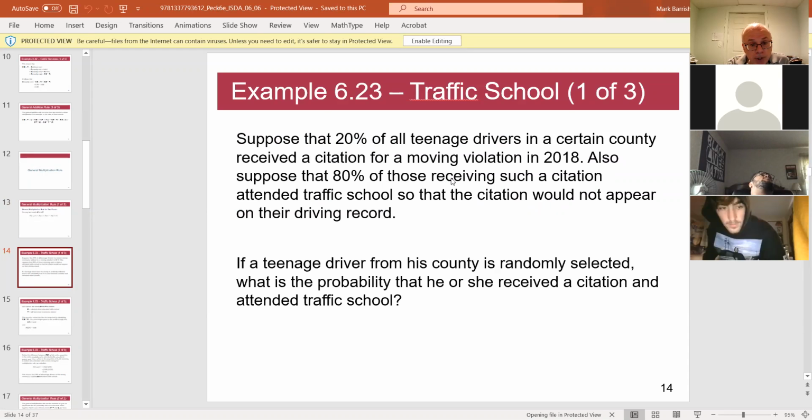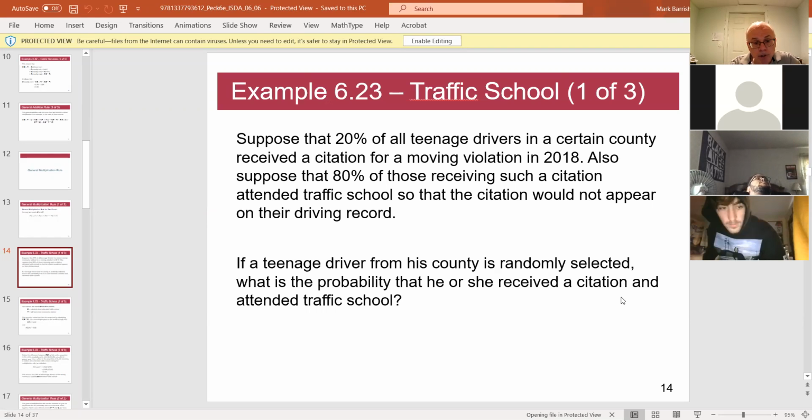That means 80% do not receive a citation. Now, it also says suppose that 80% of those receiving such a citation attended traffic school. So 20% of teenage drivers got a citation for a moving violation, and out of those who did get the citation, 80% had to attend traffic school so that the citation would not appear in their driving record.